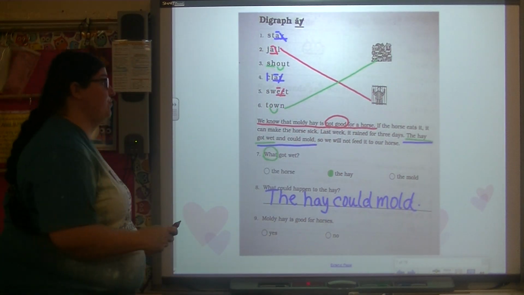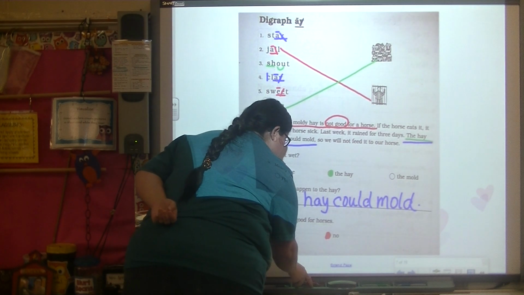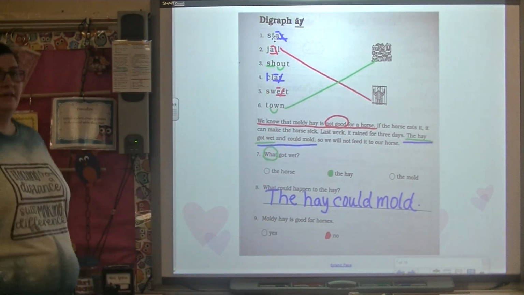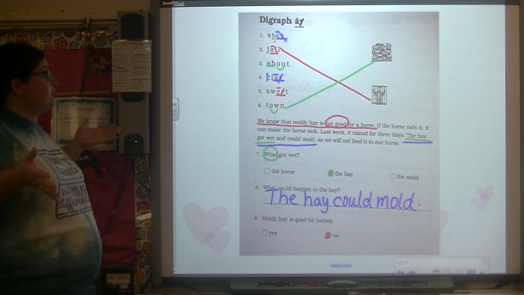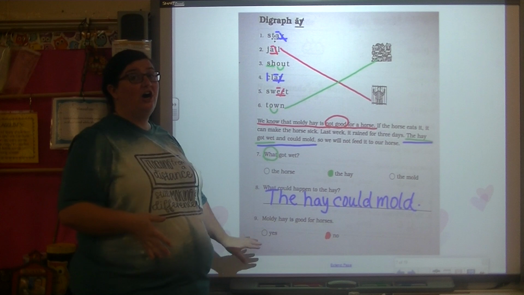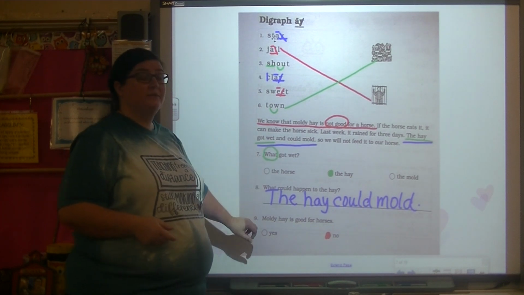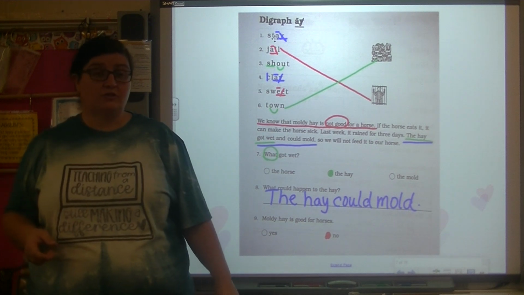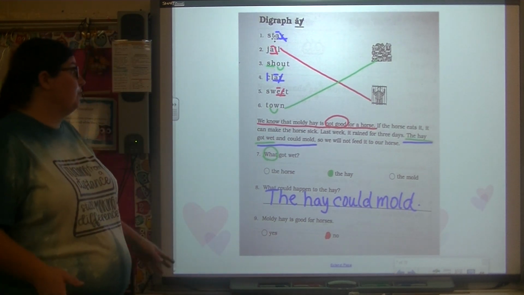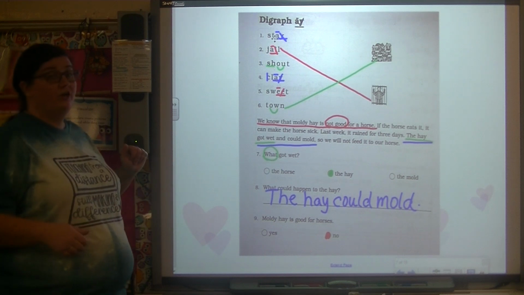So no, it is not good. All right, Miss Spires was able to use the passage to find all of her answers. I was using the evidence from the text to support my answers. So make sure when you're reading, you're able to go back and support your answers.